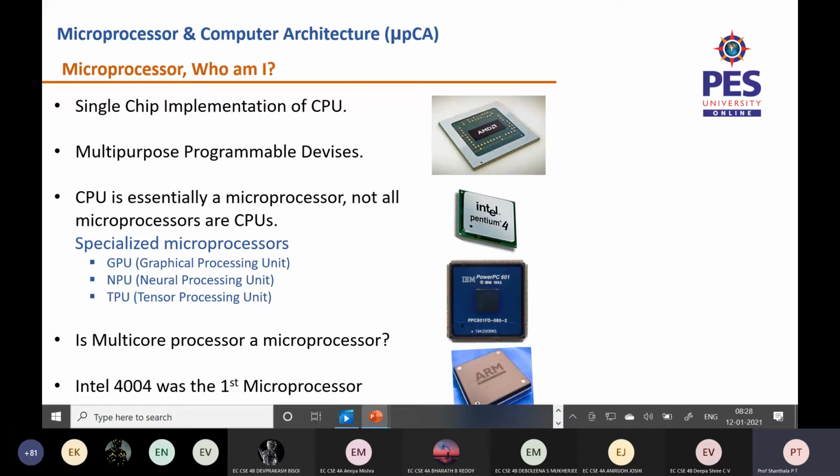So the single chip implementation of CPU is made of an integrated circuit which is having millions of small components such as transistors. And the microprocessor can be considered as a brain. I mean this is the central unit of the computer, and also it is a multi-purpose programmable device.